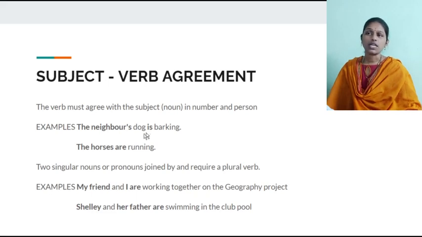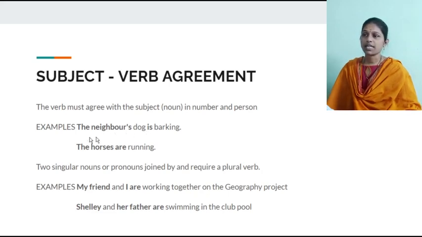So what is subject verb agreement? The verb must agree with the subject in number and person. So the verb here, is barking, should agree with the subject in number and person. The neighbor's dog is singular, so we used a singular verb is here.